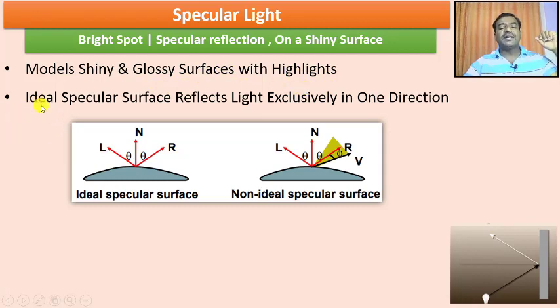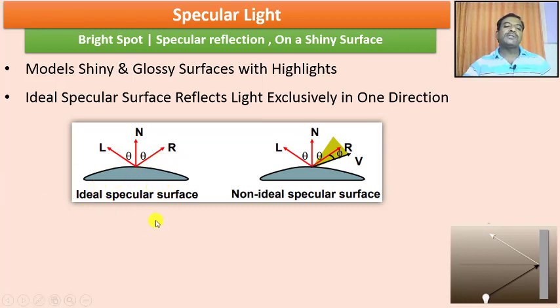And now this is ideal. When you're going to have specular light, the ideal specular surface reflects light exclusively in one direction. This is what I'm going to have as an ideal specular surface. The light of incidence and light of reflection are going to be the same, and it's going to be only one ray, one exclusive direction in which the reflection is going to happen.